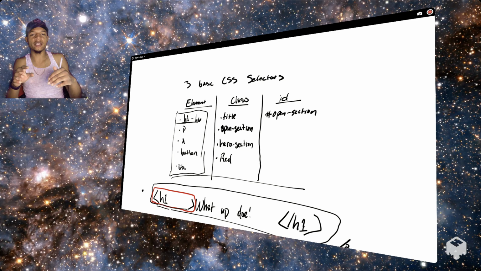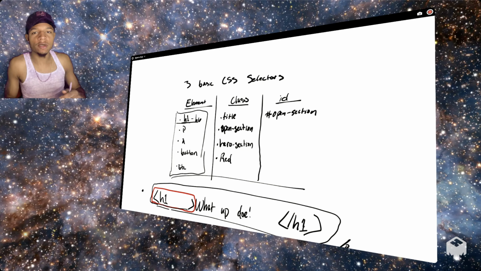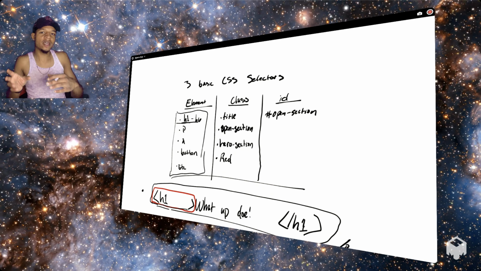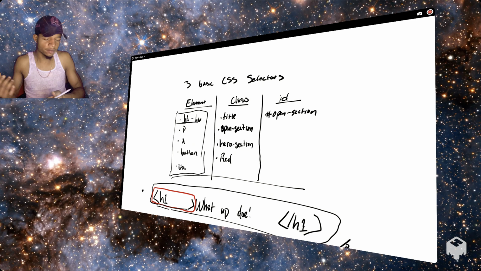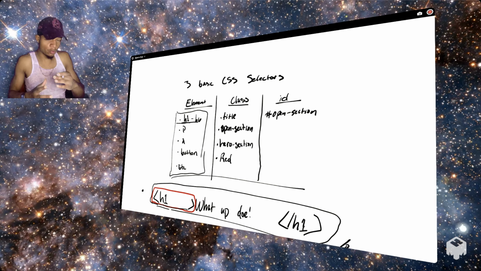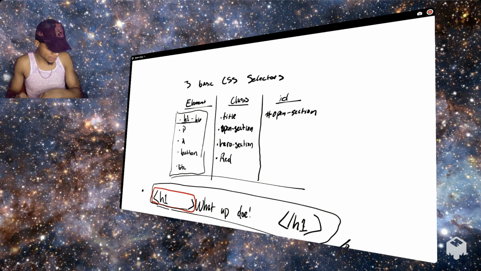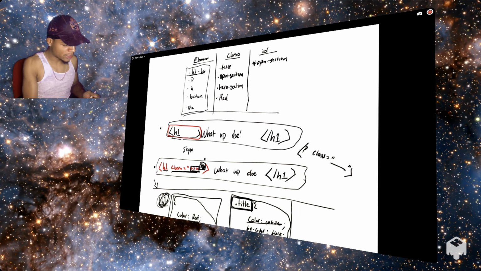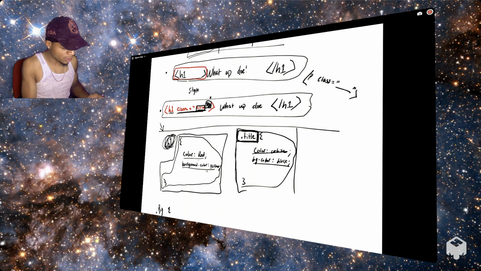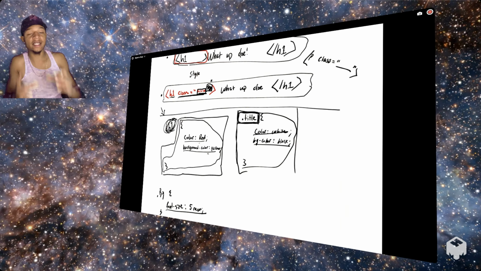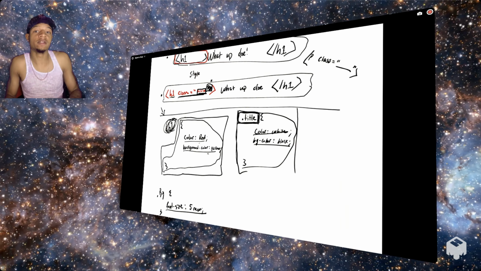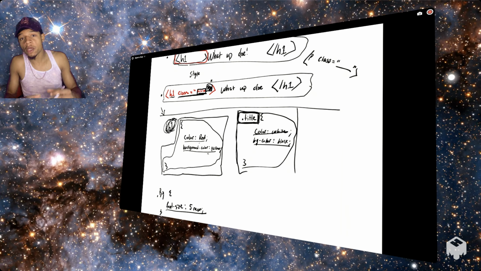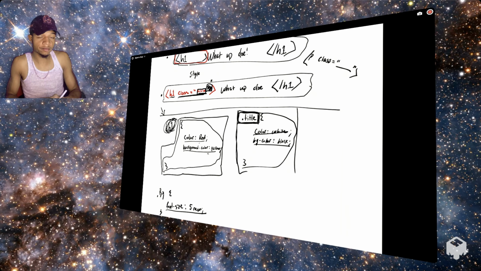When it comes to H1 and P and whatnot, I'll just throw a class on there, because most of the time the class is just gonna describe it, and then you can remove the class with JavaScript. We're gonna tap into ID versus class in one of these videos. But real talk, this is the syntax for selecting HTML elements on a web page and then styling them up for how you want them to look.